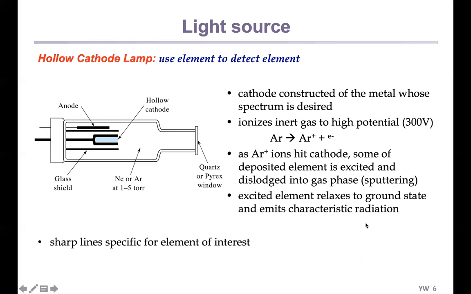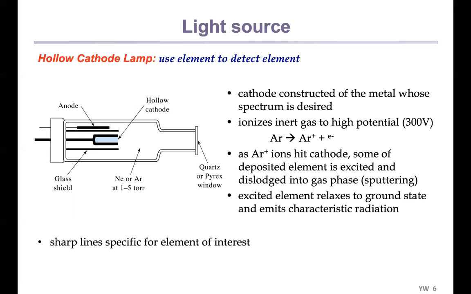So the characteristic radiation will generate sharp lines specific for the element of interest. When I say sharp line, it means that if I have a spectrum, at a specific wavelength I have a very sharp line.